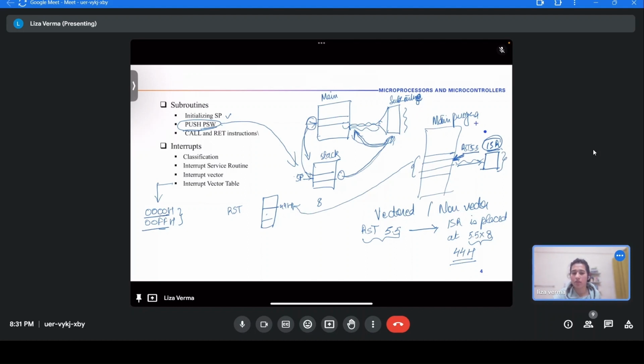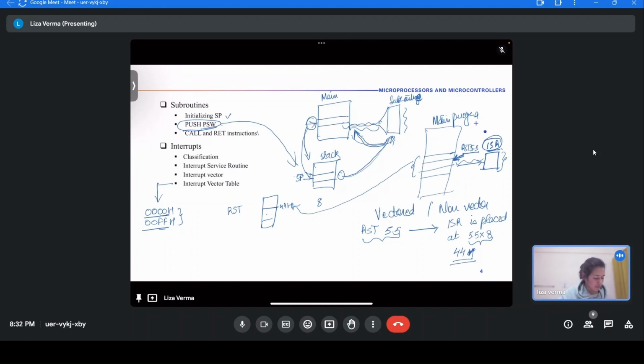No ma'am, I think there is a confusion. This multiplication is in decimal and we have to convert it into hex. Yes, I get it. I'm sorry, my bad.